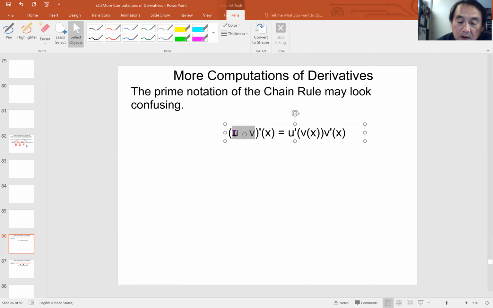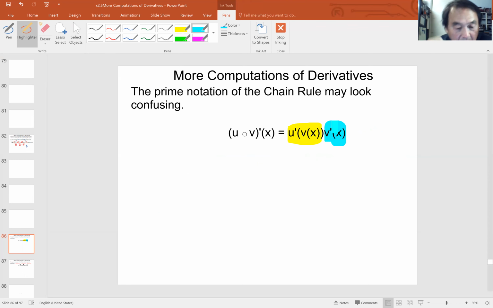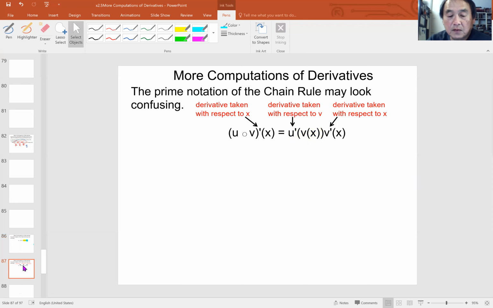It says compose the functions u and v, then what you're going to have is a derivative u prime times derivative v prime. However, you have to be a little careful here because these two derivatives are with respect to different variables.